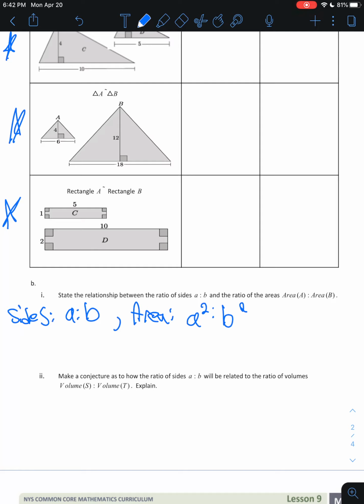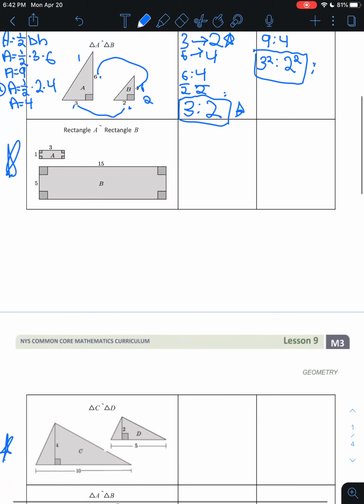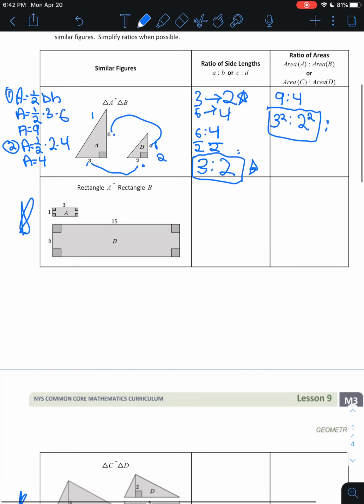Now it asks us to make a conjecture, or an educated guess, or maybe a theory, I should say, as to how the ratio of sides AB will be related to the ratio of volumes, right? That was our real objective, to talk about volume. This kind of exercise with area was just a little practice to get you to see what it's like for 2D shapes.